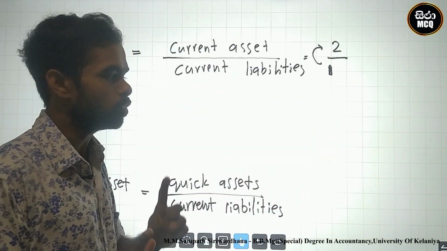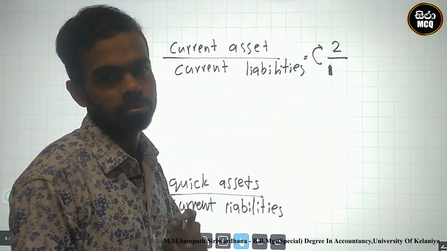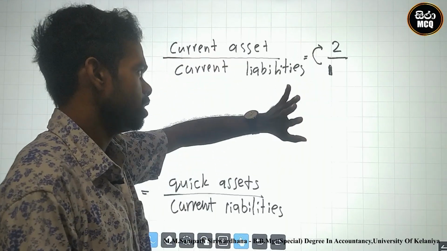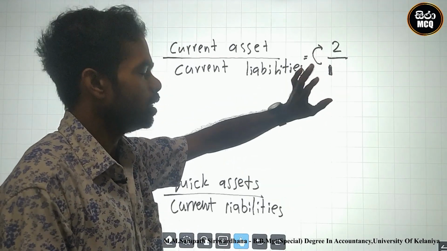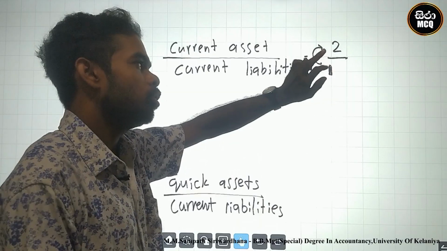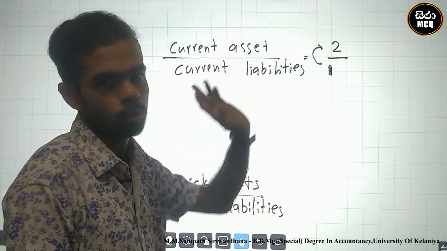We have 2 rupees for payment of a current liability of 1 rupee. Okay, this is the current ratio. To pay 1 rupee we have current assets of 2 rupees.